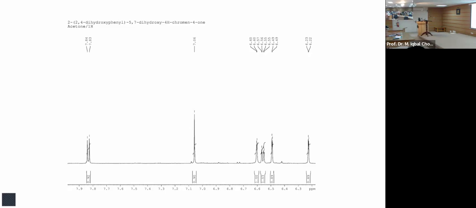In whatever way, you need to calculate these J values, 1,2 and 1,3.